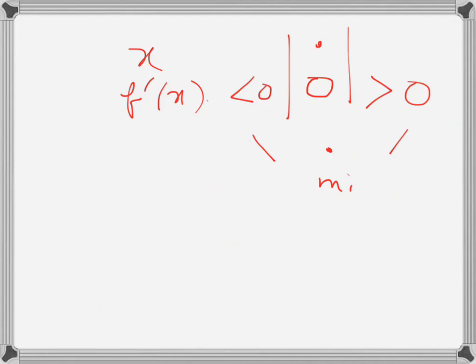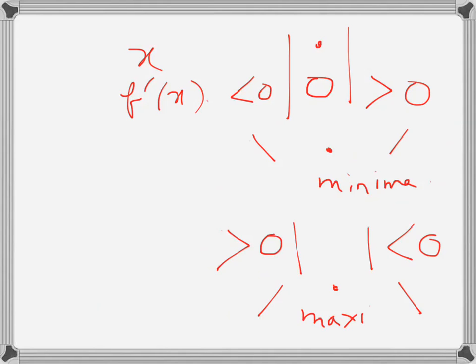So we can say that this is a minima. Similarly, if we do the point test and we see that the gradient is positive on the left and negative on the right, that means this is like that and that, the gradient. So this point has to be a maxima. So this is called the point test. This way we can know whether the point is a maxima or minima.